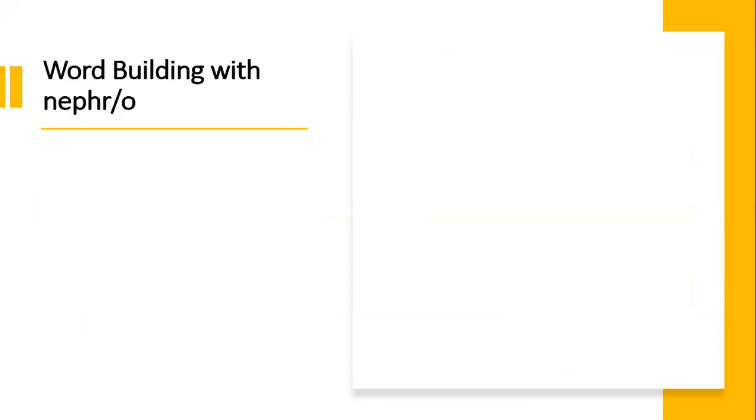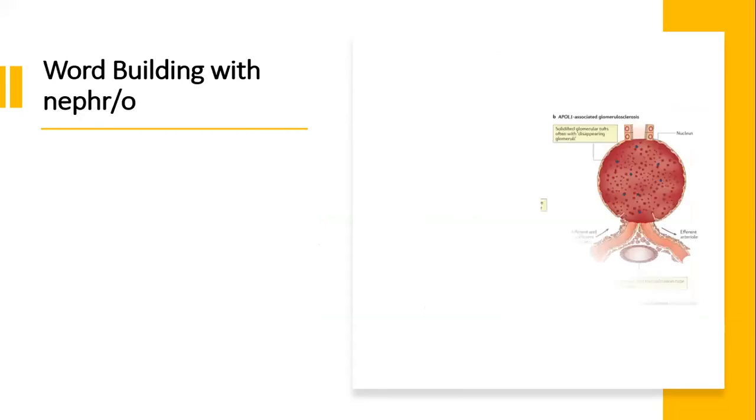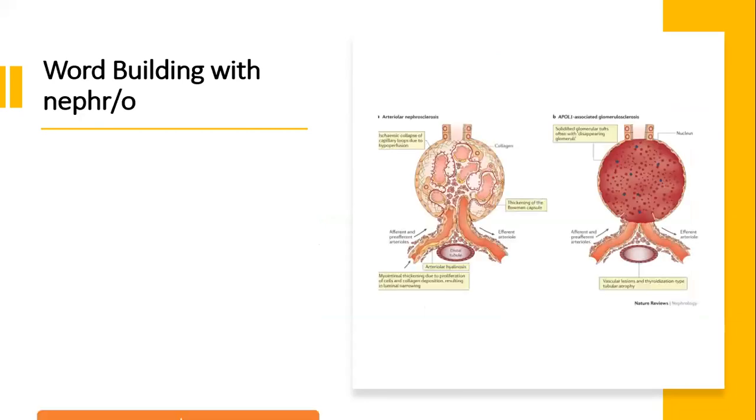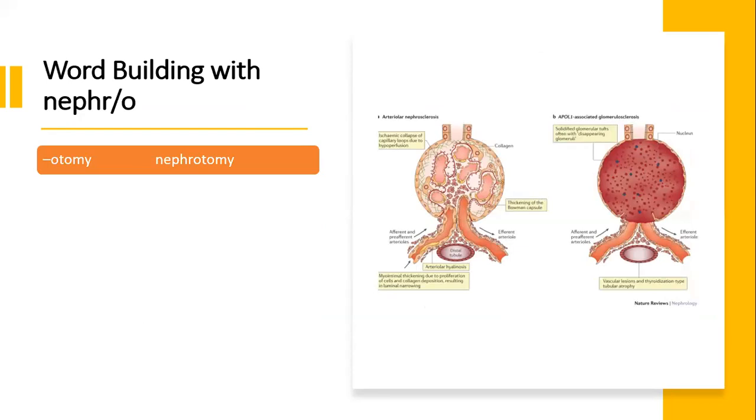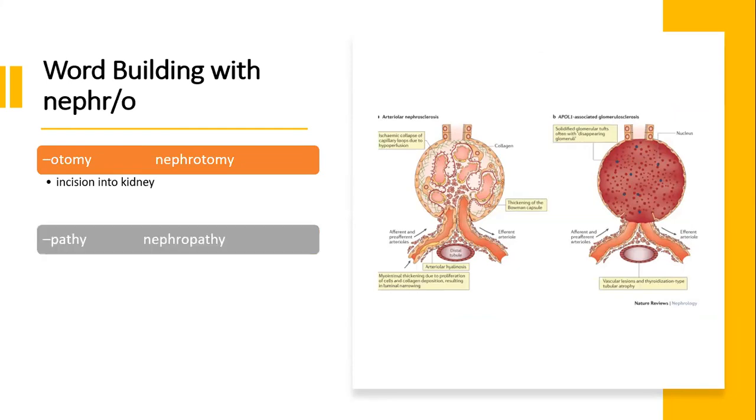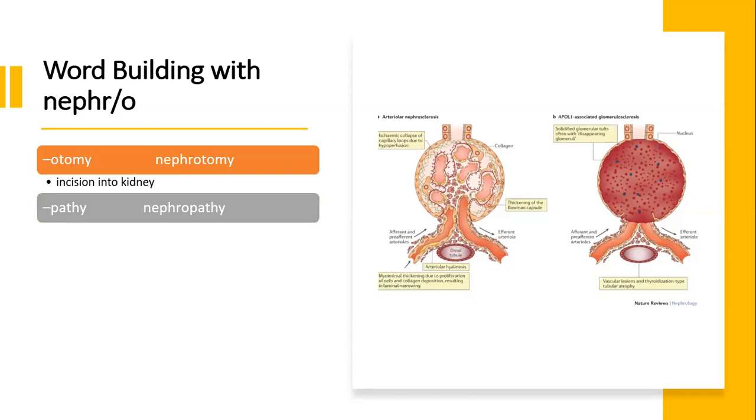Word building with nephro. Nephrotomy, the incision into the kidney, direct incision to the parenchyma of the kidney, called nephrotomy. Nephropathy, it's a kidney disease.